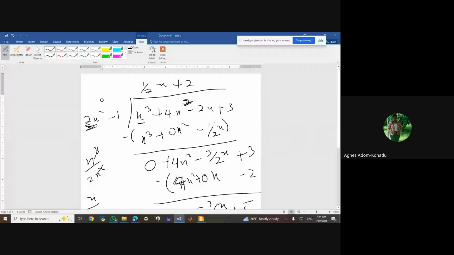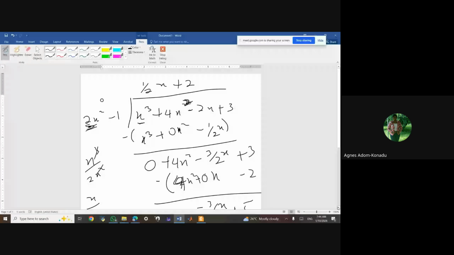Then, this minus, so this is positive, so I will add half x to negative 2x. When I add half x to negative 2x, I'm going to get negative 3 on 2x. Then I'll write the remaining function. The remaining function is 3, so I'll bring the 3.